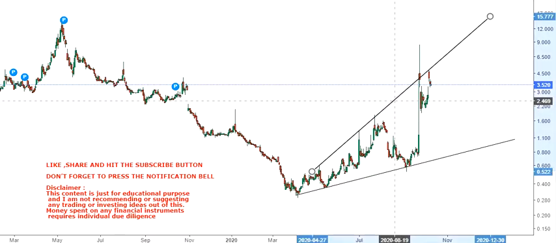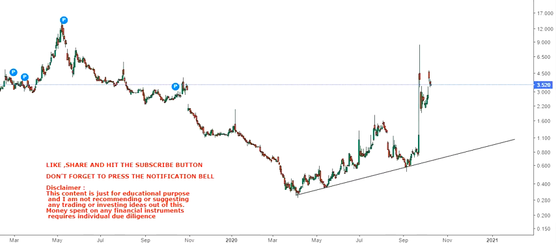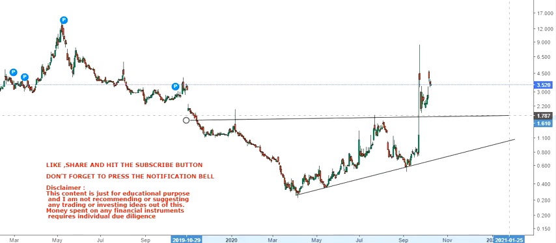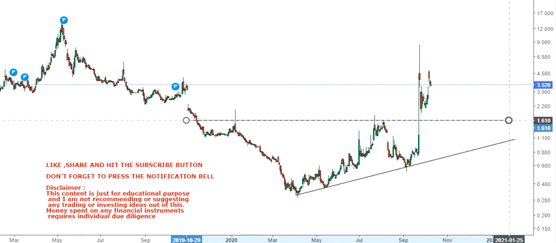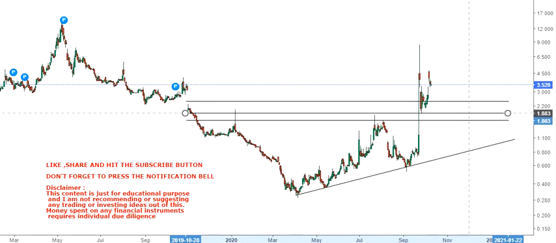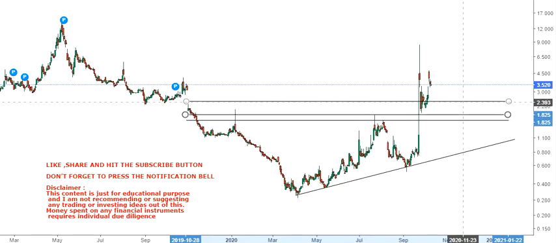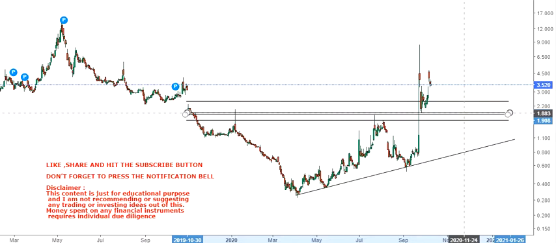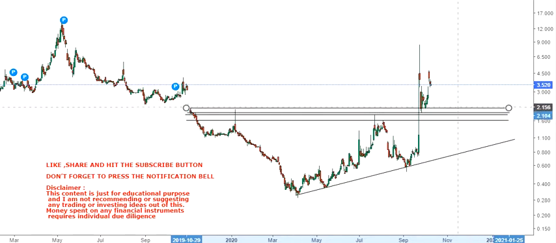Now let me just remove this one, and these are the levels. After this upshoot, it corrected down, and probably this is the range.